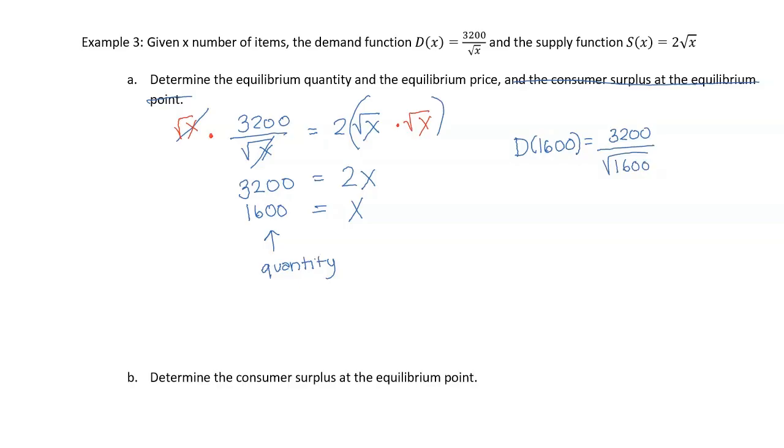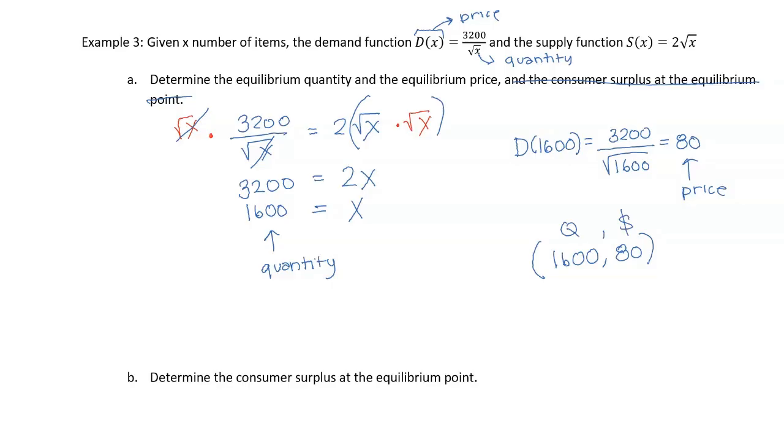So this is 3,200 divided by 40. This will equal 80. All right, the X is quantity and the output is the price. So the equilibrium point is 1,600, 80. This is the quantity and this is the price.